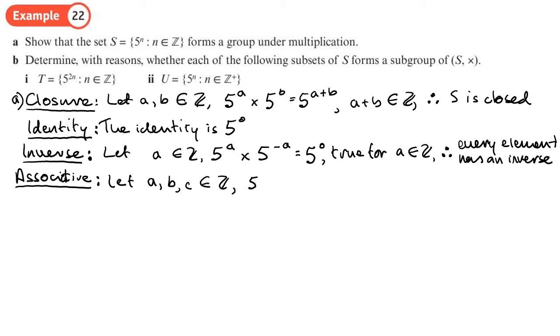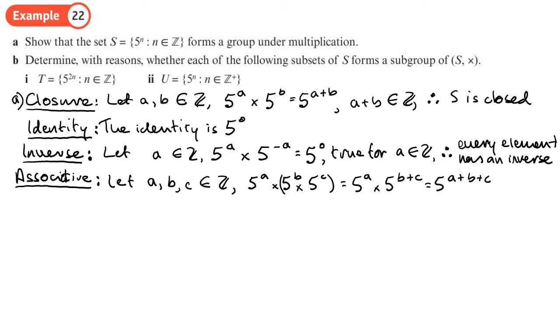Now if I do 5 to the power a times 5 to the power b, let's put this in brackets, times 5 to the power c. Using our rules, that's 5 to the power a times 5 to the power b plus c. Then we can use my rule for that, 5 to the power a plus b plus c.